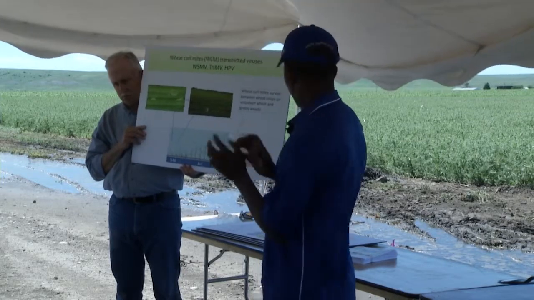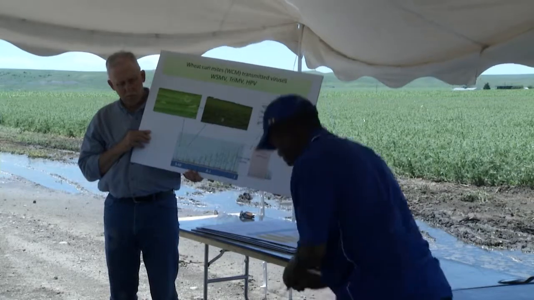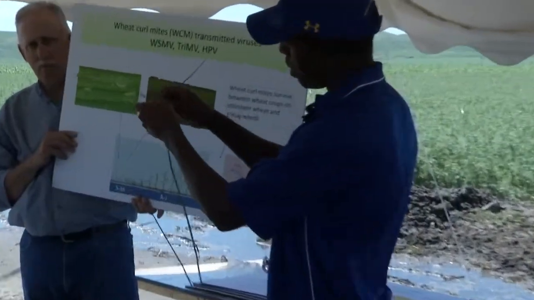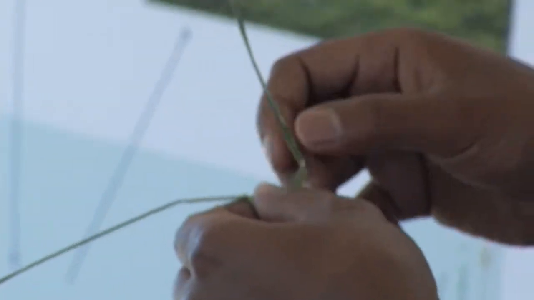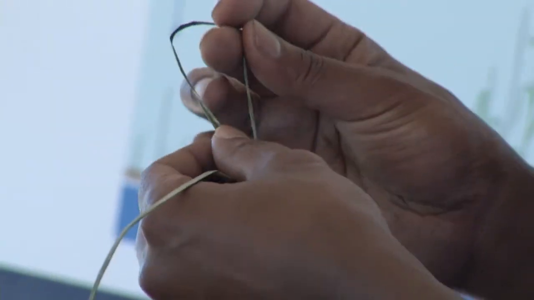They usually grow within the whorl of the leaf. So if you want to see mites, you need to open this and look way inside the leaf. Another symptom is where you see the leaves that are trapped like this. That would be a good indicator there are a lot of mites in the leaf.